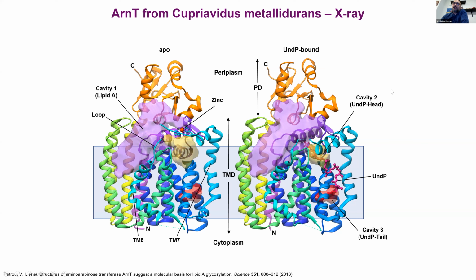And then we used lipidic cubic phase crystallization to get the crystals in two different states and solve the structure through X-ray crystallography, in either the apo state on the left or a partial donor bound state on the right, where we just provided undecaprenyl phosphate without the sugar. There were a few interesting parts.